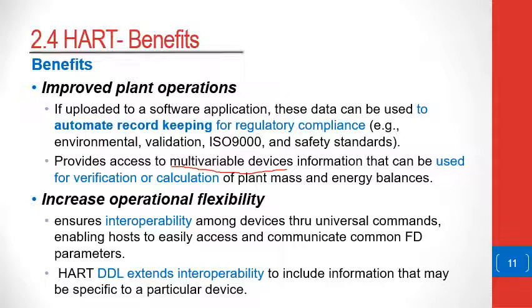So this redundant information can be used to verify calculations in a plant. This will improve the operation of a plant, and also the data from multiple devices, if recorded, can be used for automated record keeping, because each device will be able to record multiple variables.